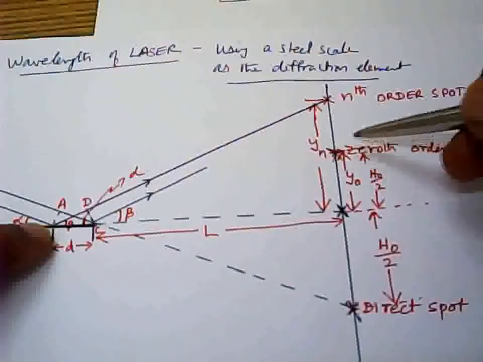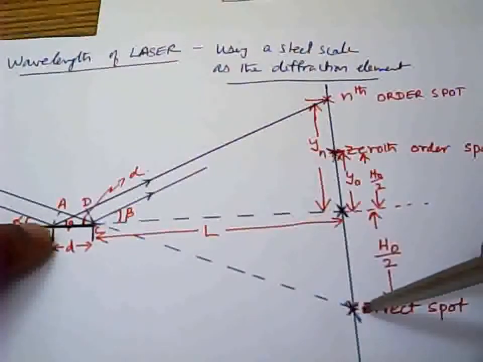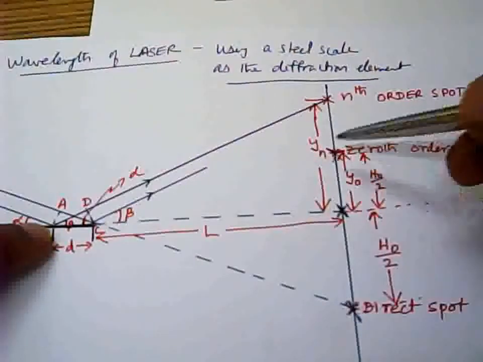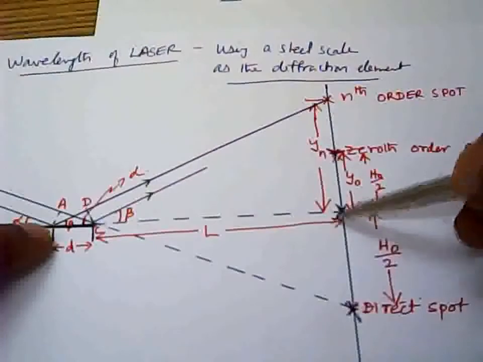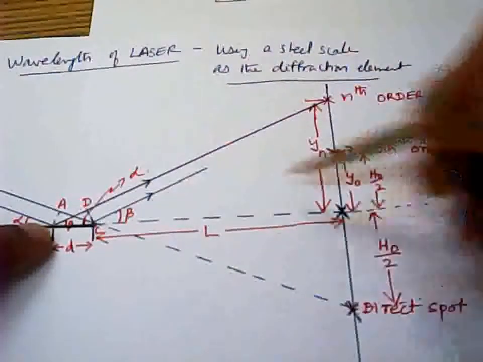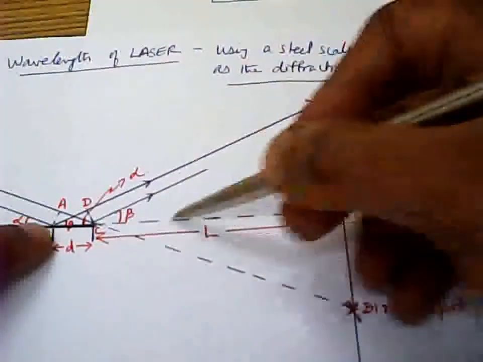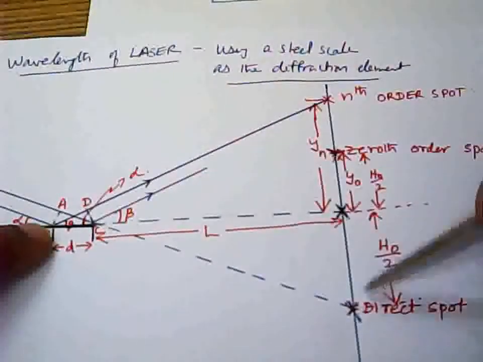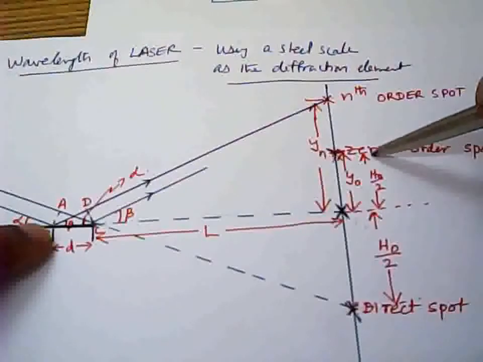Okay? That is the difference between the zeroth order spot and the direct spot position, that is going to be h naught, and the midway between these two will be the direction which you would have got if it was drawn directly from the scale. So this distance is going to be h naught by 2, and y naught is nothing but h naught by 2.